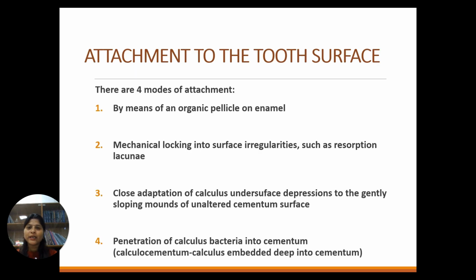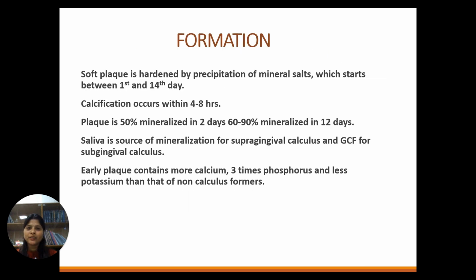Now, how does this calculus attach to the tooth surface? By the organic pellicle on the enamel, by mechanical locking into surface irregularities, by undersurface depressions and sloping mounds of unaltered cementum, and by penetration of calculus bacteria into the cementum. How is it formed? First, the dental plaque layer is formed and within the first 1 to 14 days mineralization starts to occur.